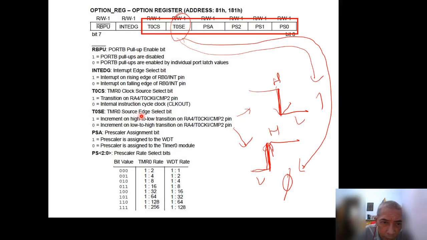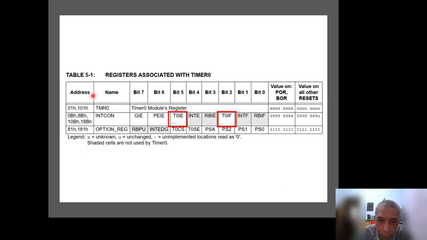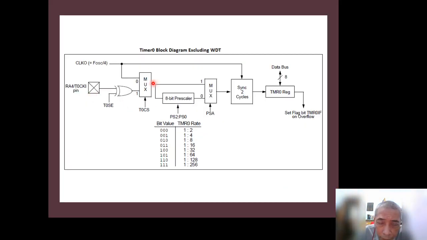You can make it 1 here, and the PSA is according to whether you want to use the prescaler for timer 0 itself, and then the cycle, and the TMR0 register is for the value itself.